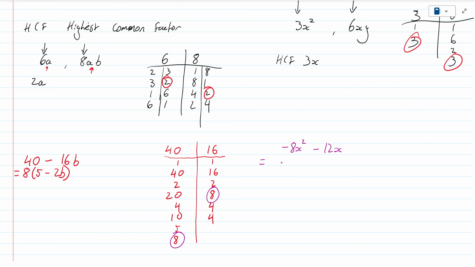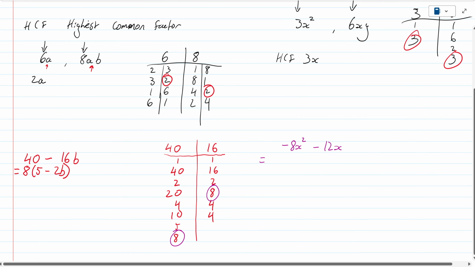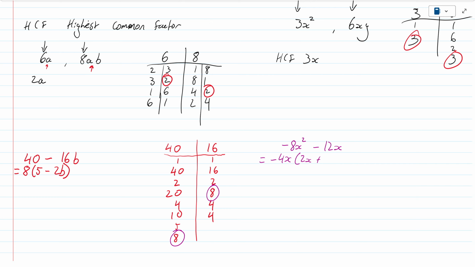I've jumped ahead there, but if you use the same process, where we look for the highest common number factor and then look for the common pronumeral or letter factors, you would eventually conclude that negative 4x should sit outside the brackets, and then 2x plus 3 will sit inside the brackets. Something I should have led with is that your highest common factor sits outside the brackets.